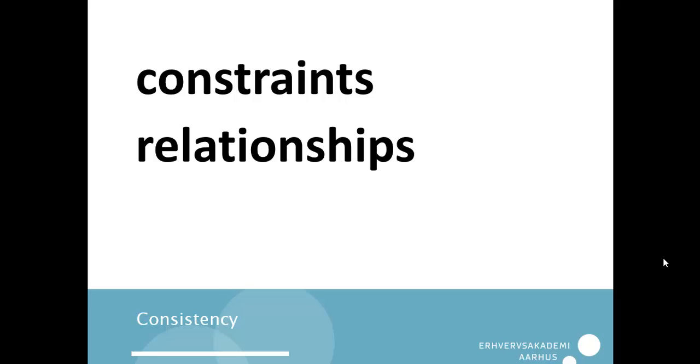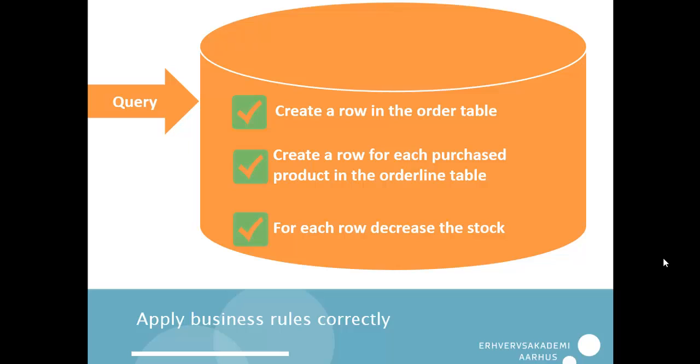So we have to be sure that the design of this transaction will respect the business rules. This would be something like, okay, we could create a row in the order table, and then we can create the order lines. And for each of these, it was okay to decrease the stock. We didn't go below 0. So everything is okay.